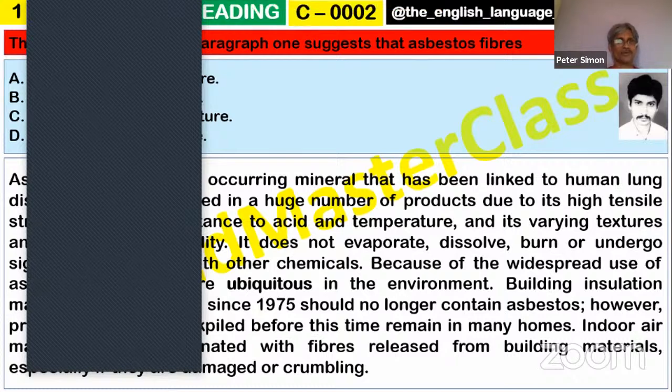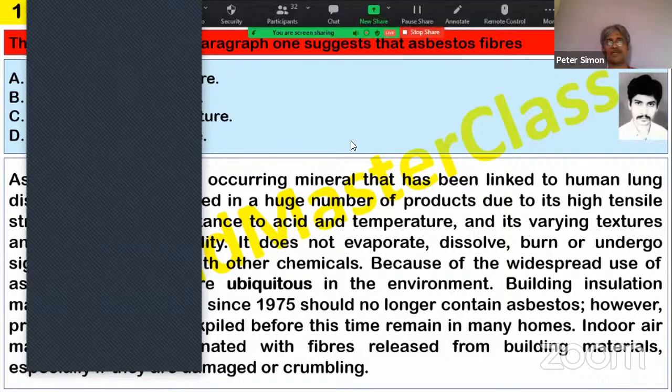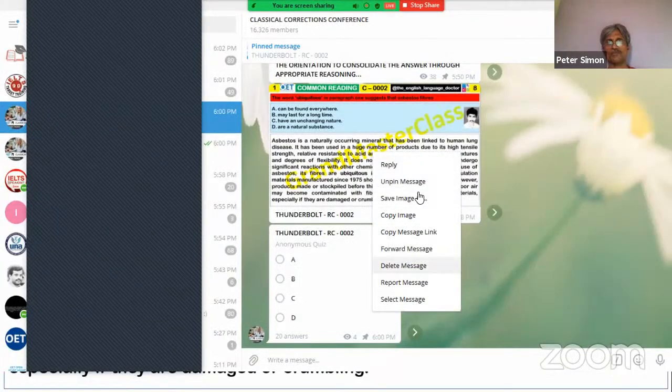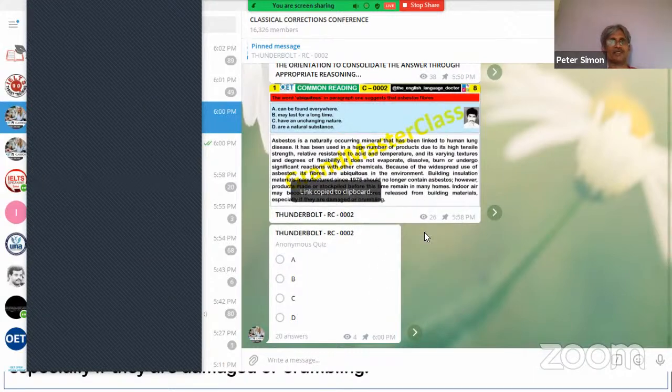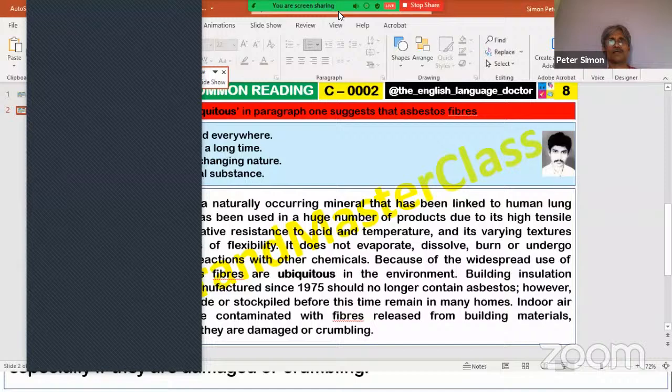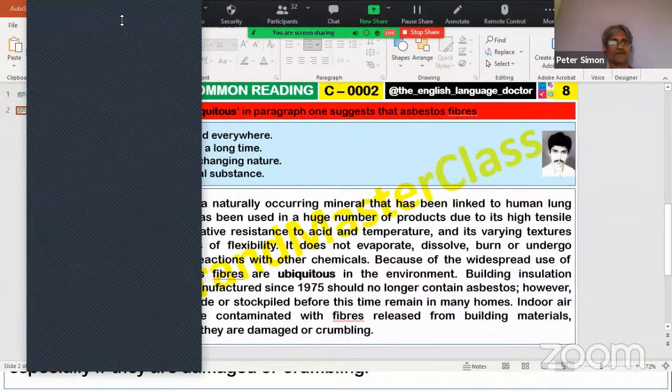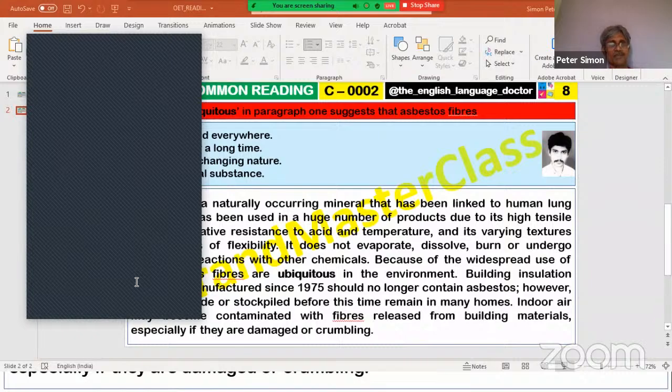When I tell you to submit your response, then you have to submit. Until then, don't submit. And all of you, go to the Telegram channel link. I am giving you the copy post message link. Submit your response there. Those who did not submit in the Telegram channel, I posted the link there.